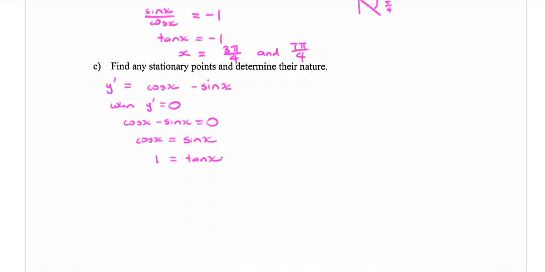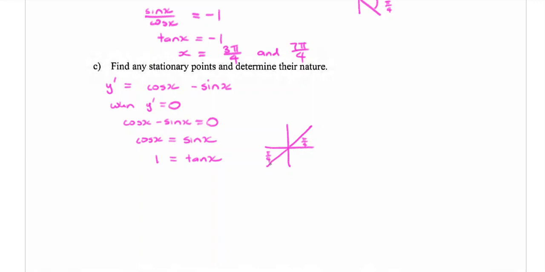So then I want to solve that equation. This time tan is positive. Tan is positive in here and in here. Tan of, in degrees, it'd be 45. In radians, it would be pi over 4 again, but just in the other quadrants.